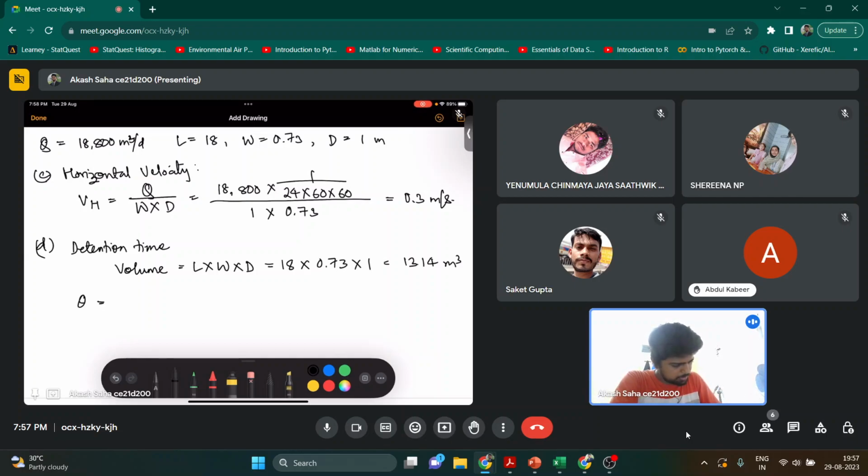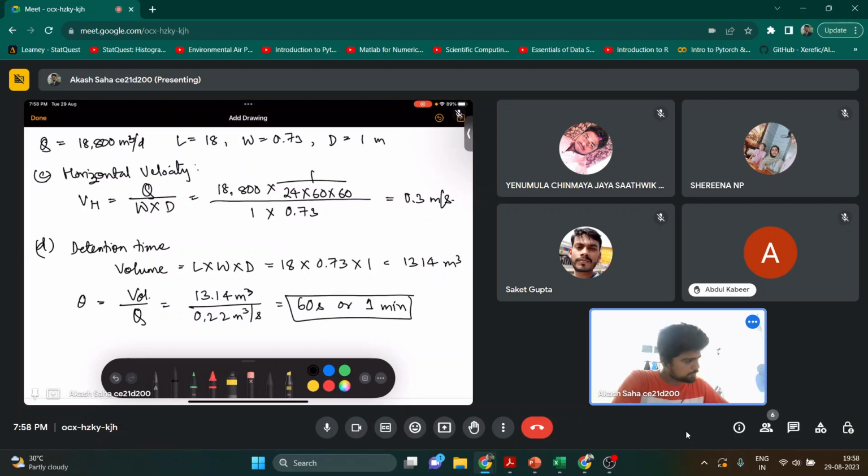So my detention time theta will be equal to V by Q, where V is my volume, that is 13.14 meter cube divided by 0.22 meter cube per second. I have just changed it into seconds. That is equal to 60 seconds, or we can say 1 minute. So very simple. This is my detention time. Is it okay?